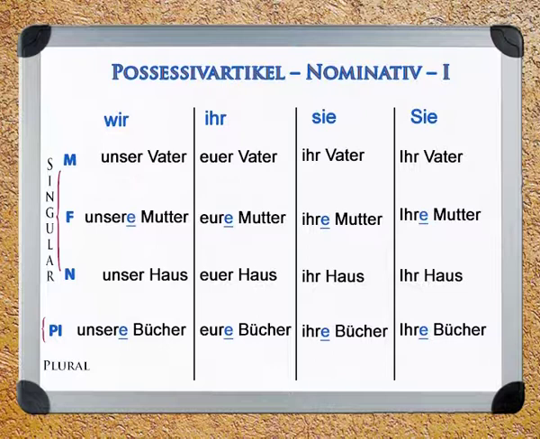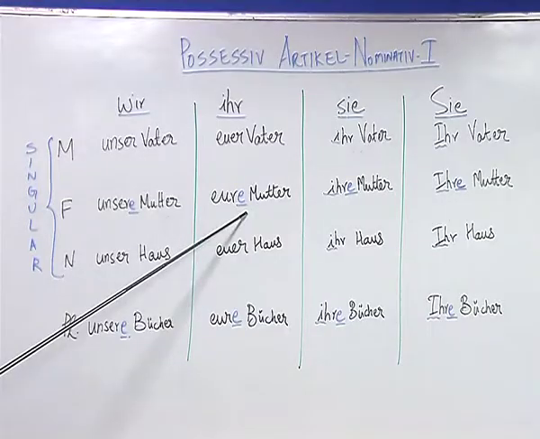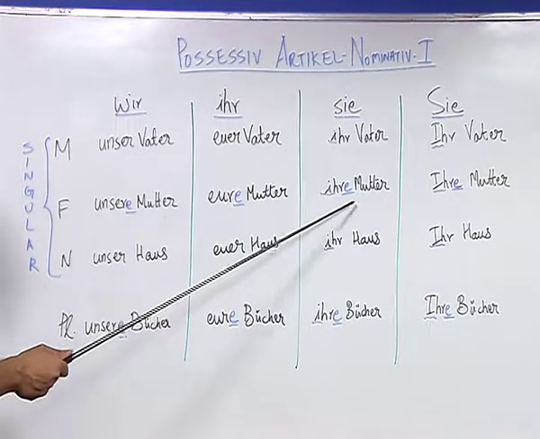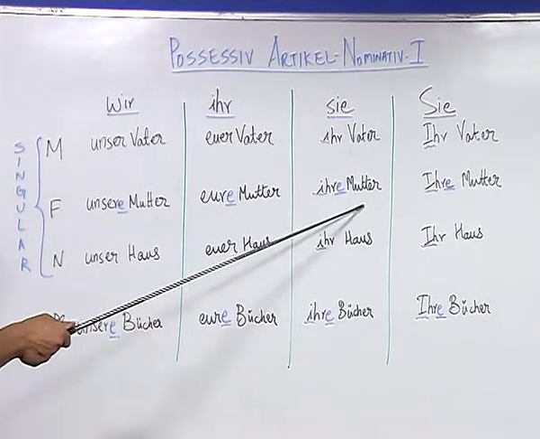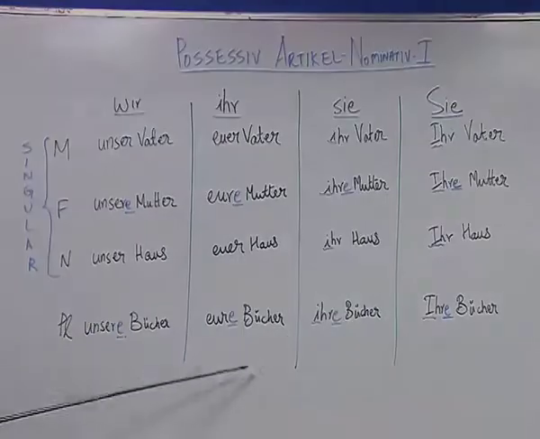However, the change only takes place for the nouns which are in feminine as well as in plural category. So, the presence of e in wir, ihr, sie possessive article can be distinguished with the noun which is attached to the possessive article.